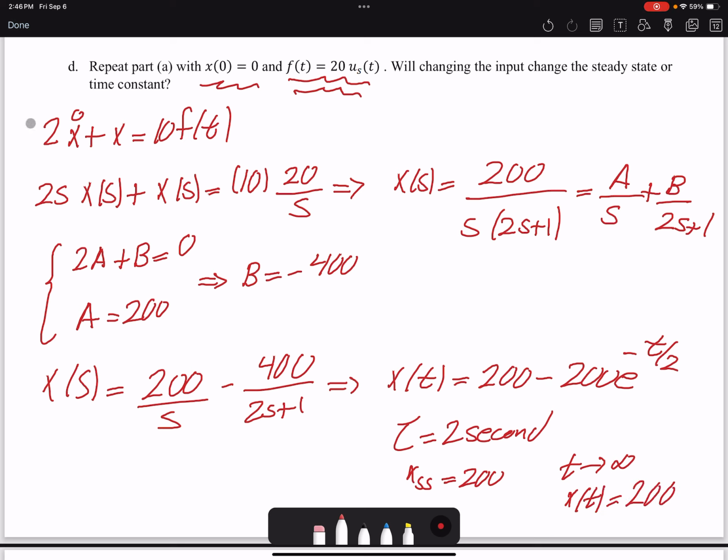We could also use the final value theorem to find the steady state response of the system for this value. So we can conclude the input or the initial condition does not change the time constant. That's the behavior of the system. The initial condition does not change the steady state response, but having a different input will change the steady state response.